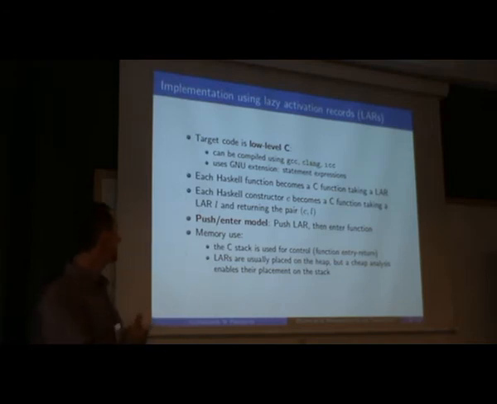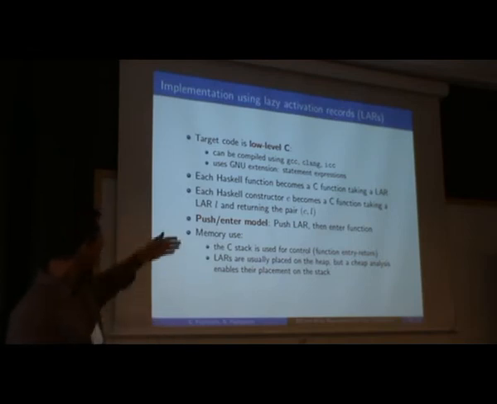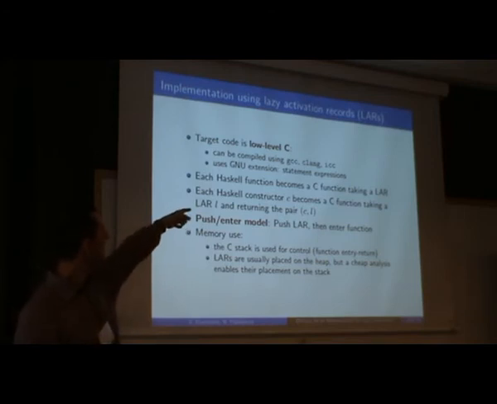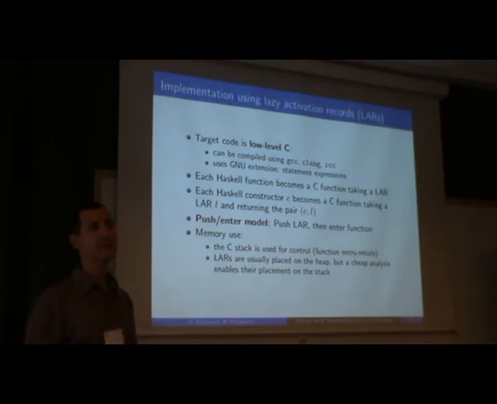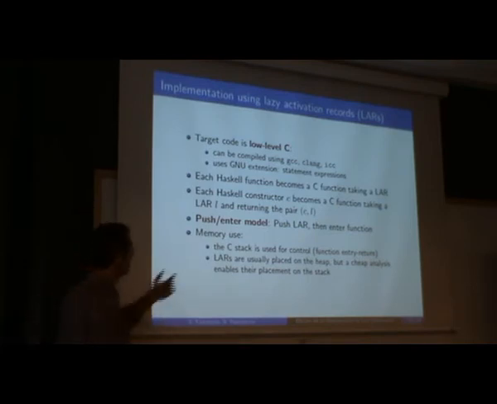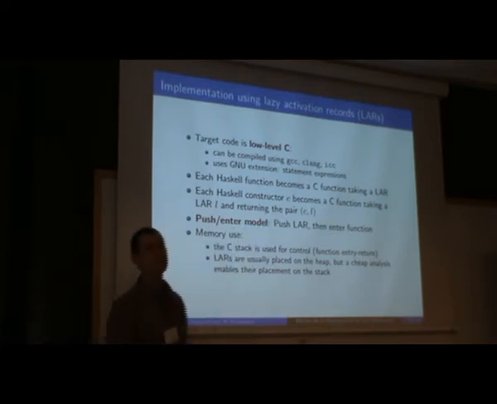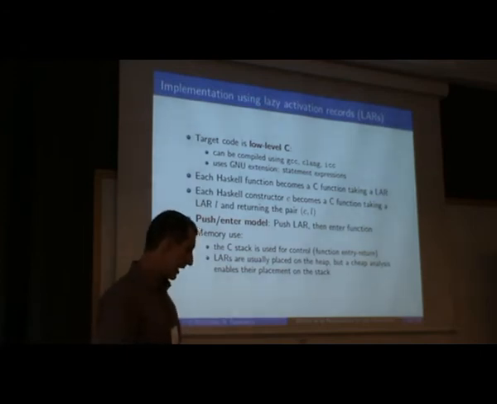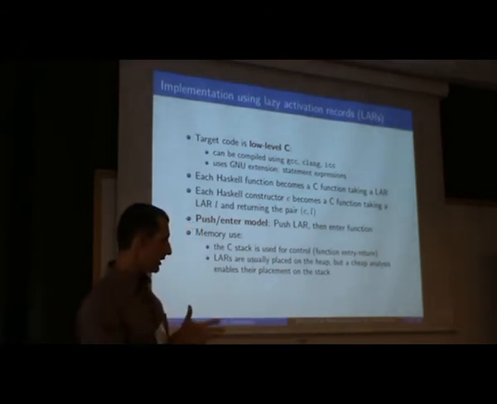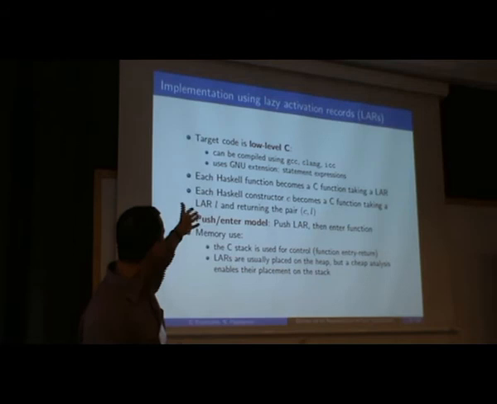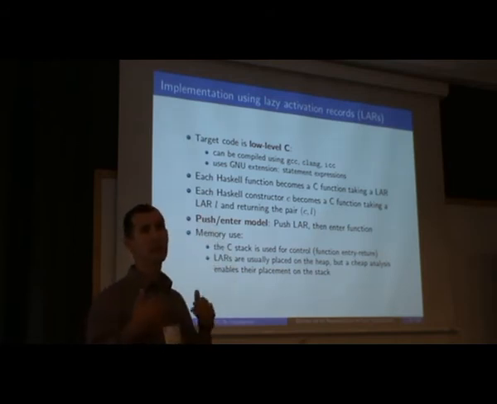And also the constructors, which are used for user-defined types, they also become C functions that also take a lazy activation record and produce a very simple thing as a result. So the execution model that we use is actually a push-enter model.